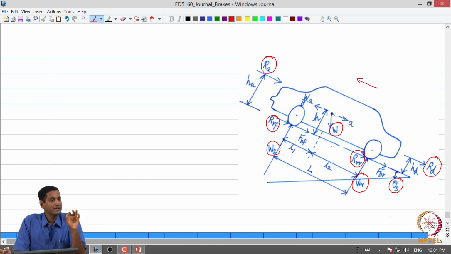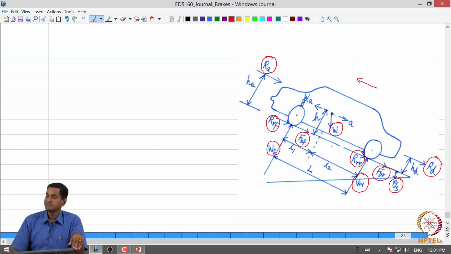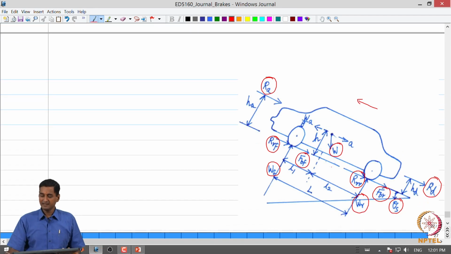All these are quantities we have already looked at. Now, what are the main differences between this free body diagram and the one that we looked at when we did powertrain analysis? Please note that in this case we are applying a braking force rather than a drive force. So we can immediately observe that there is a braking force FBF acting at the front tire road interface and FBR acting at the rear tire road interface.